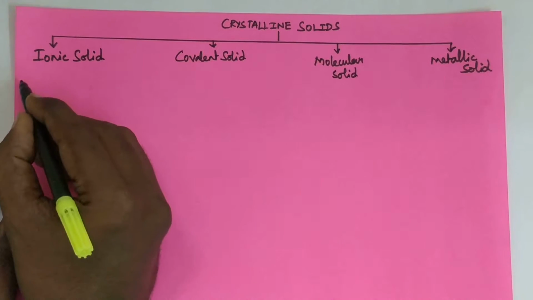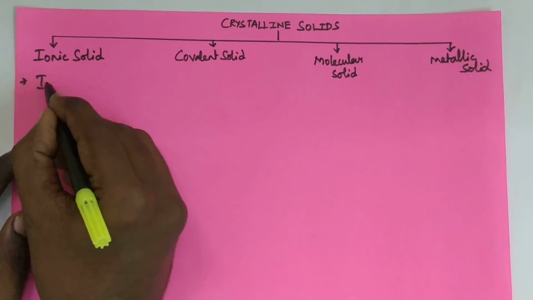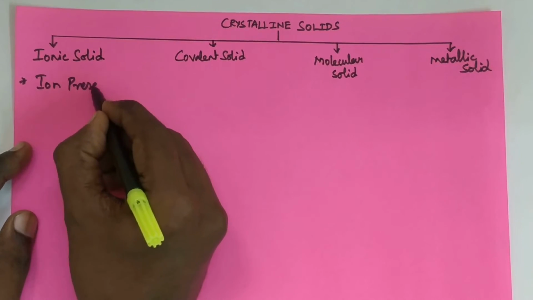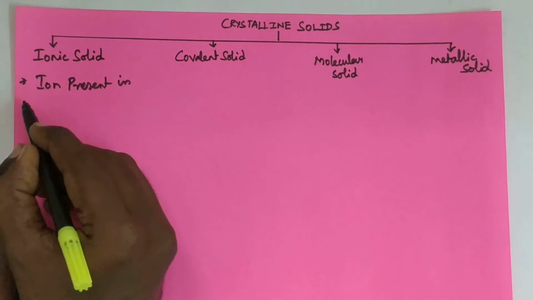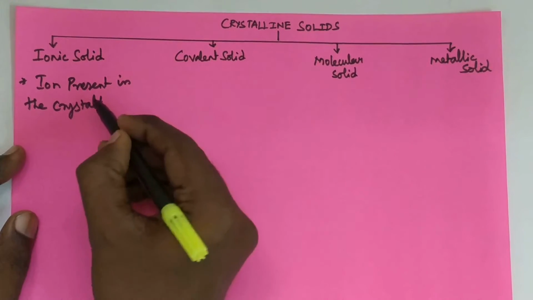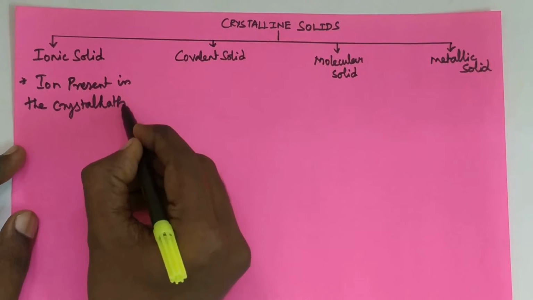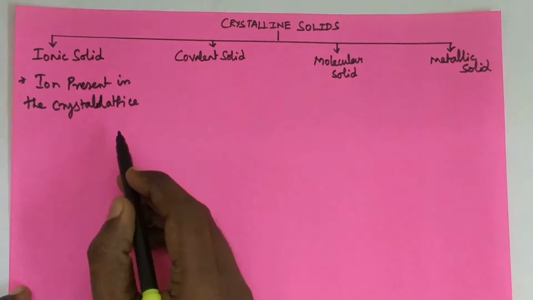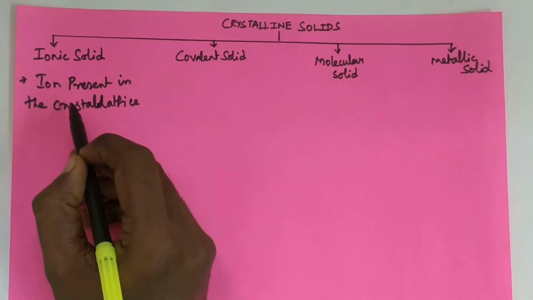So what is ionic solid? Ionic solid means it is due to ions present in the crystal lattice.